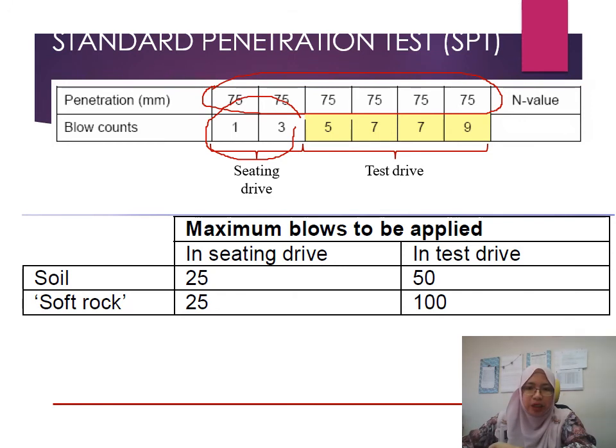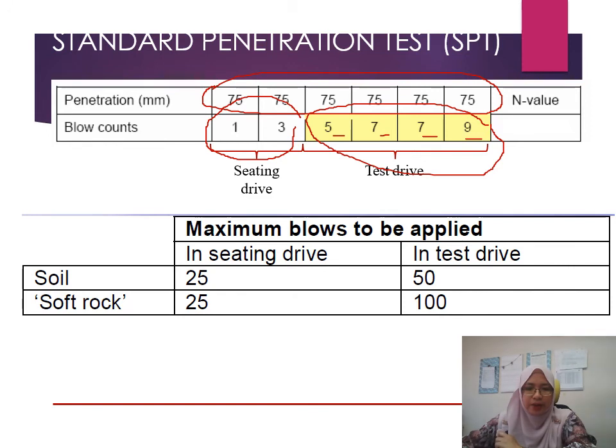We only count the total of the next 300 mm as the N value. For example here the N value is equal to 5 plus 7 plus 7 plus 9. That is the N value for that layer.